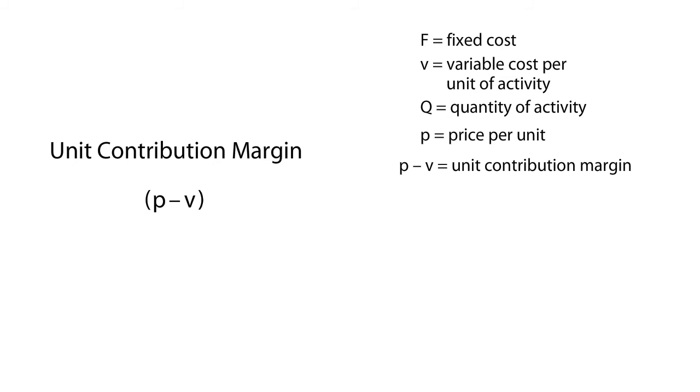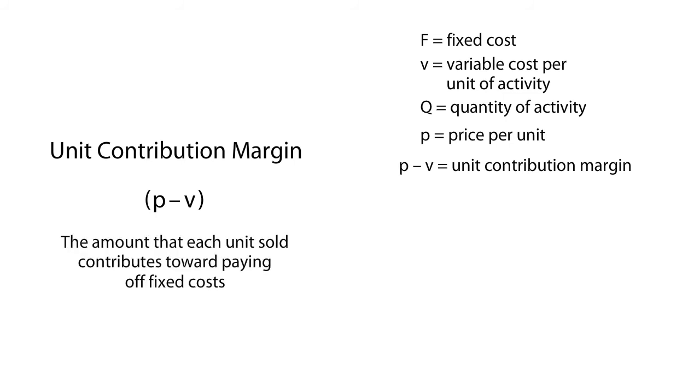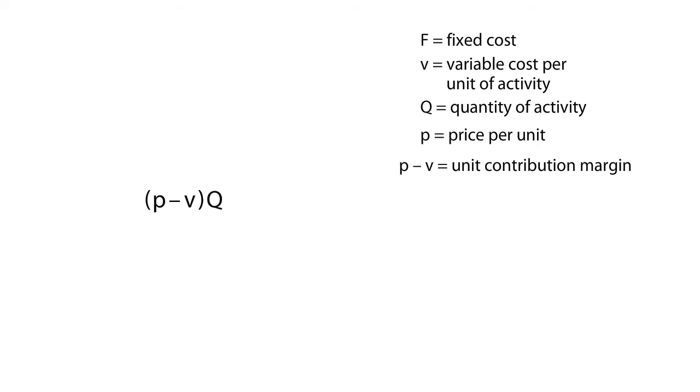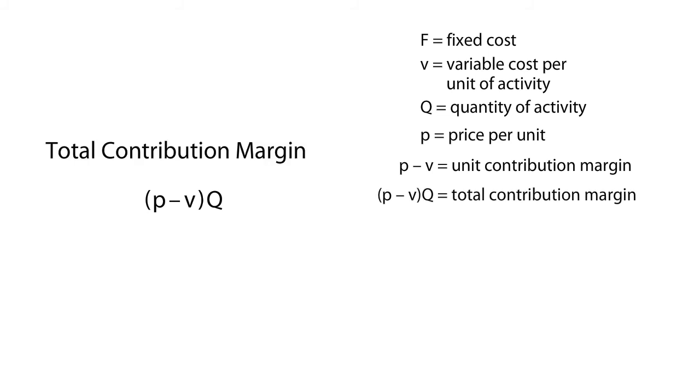For every unit, you bring in sales price P at a cost of your variable costs, V. And so the difference between those is money that you have available to pay off your fixed costs. And every time you sell another unit, you get that unit contribution a little more. So that whole first term, P minus V all times Q, is what's called the total contribution margin. That's what you have to pay off your fixed costs.